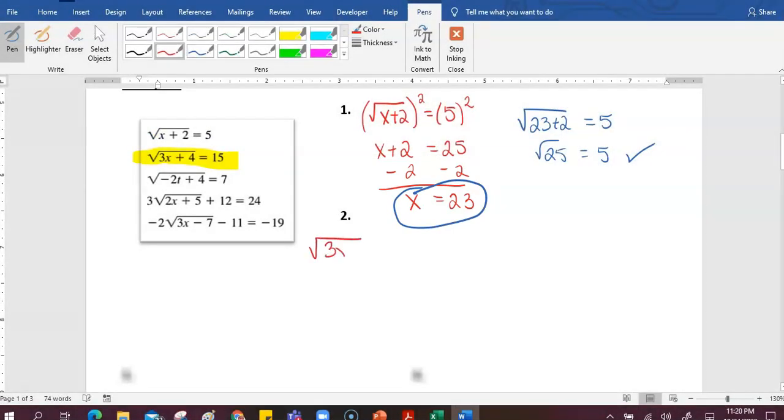Underneath the radical, we have 3x plus 4. So our radical is isolated on the left side. Square both sides. Cancels out and drops off. And then we have a two-step equation to solve.